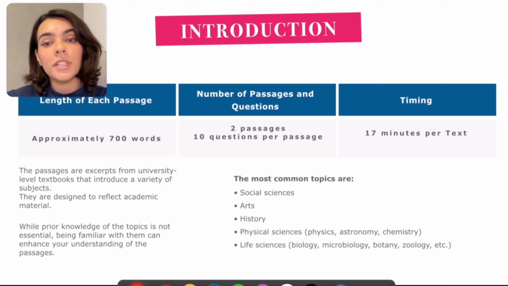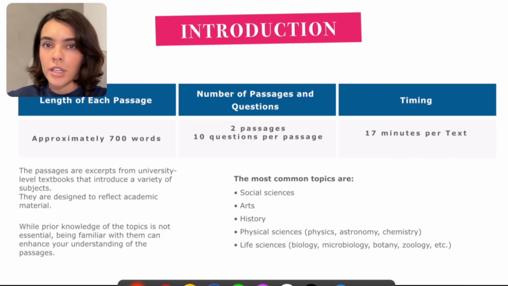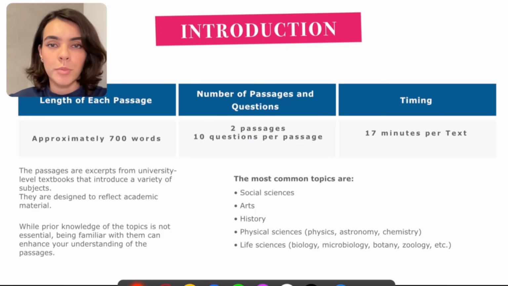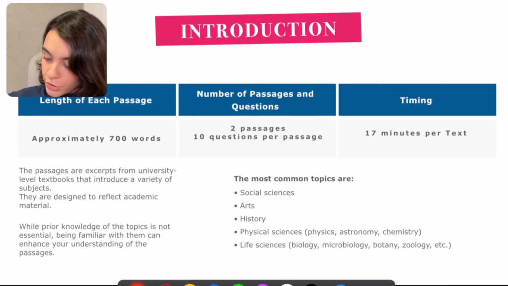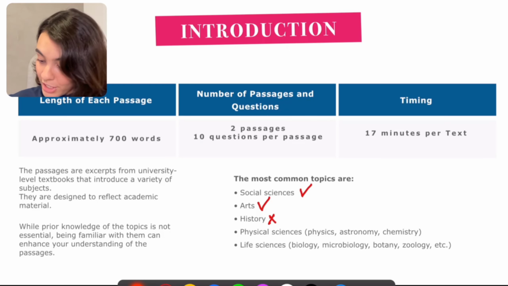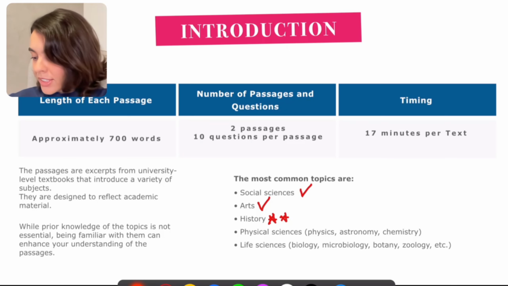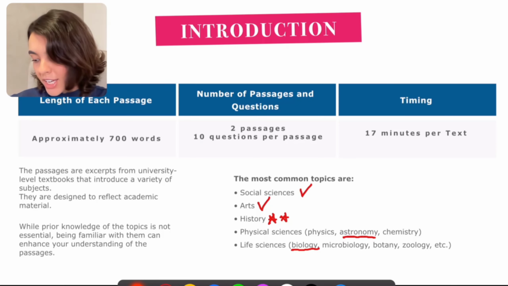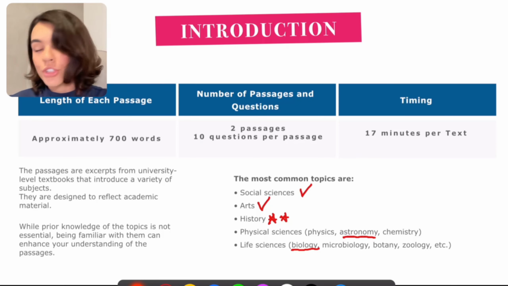Now let's talk a little bit about the most common topics you will find in the reading part of the TOEFL. So here I just wrote some of the most common ones. So we have social science, arts, history, physical sciences such as physics, astronomy, and chemistry, and life science such as biology, microbiology, botany, zoology, and so on.